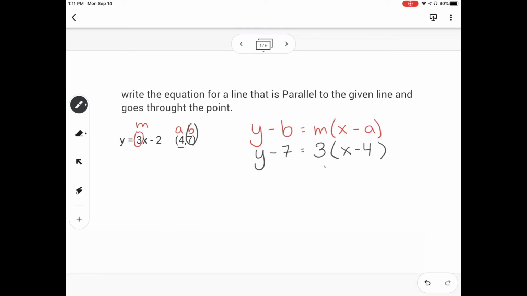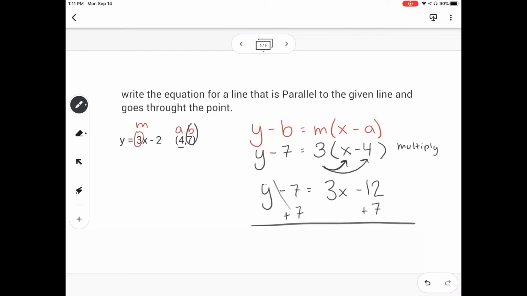Once you plug it in, distribute the 3. So 3 times x is 3x. 3 times negative 4 would be negative 12. When you distribute, you are multiplying. Once you've distributed, you either add or subtract the number with the y. We have a minus 7. The opposite would be plus 7.